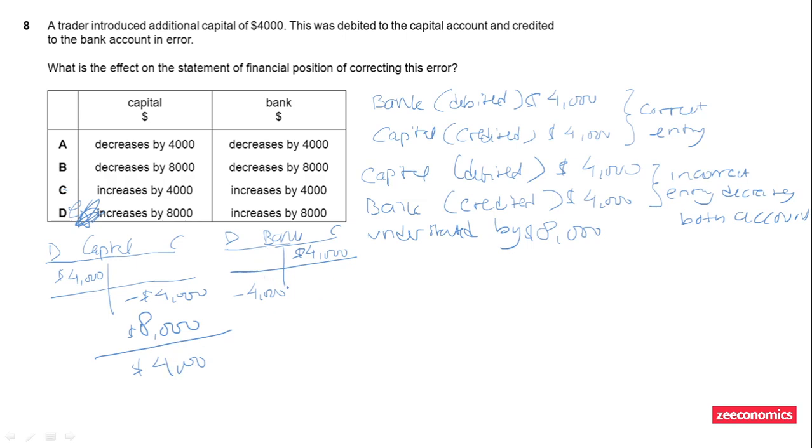And the same also applies to the bank. Simply put $8,000 on the debit side. Therefore, 8,000 plus minus 4,000 would equal $4,000 as well. So the correct answer for this question would actually be, I'm going to erase this one because otherwise you'll be confused seeing this scratching. Right, so the correct answer would be D.